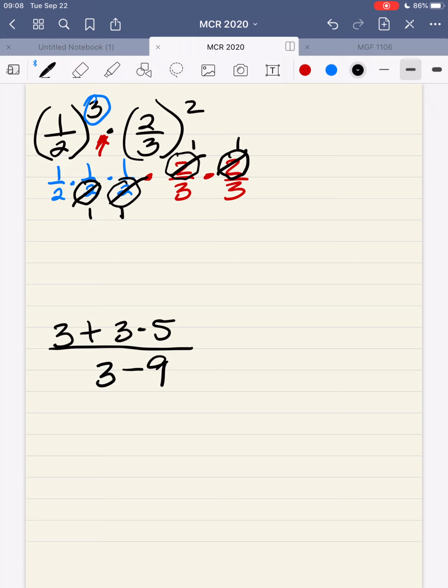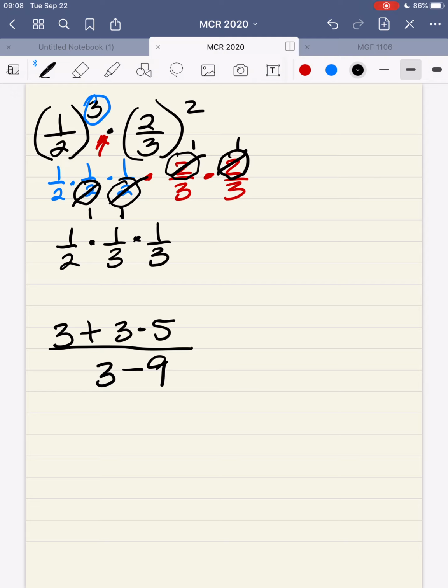So what I'm really left with here is I have a 1/2. I have a 1/1, which is just 1. Another 1/1, which is just 1. And I have a 1/3. And another 1/3. It looks a lot better like this.